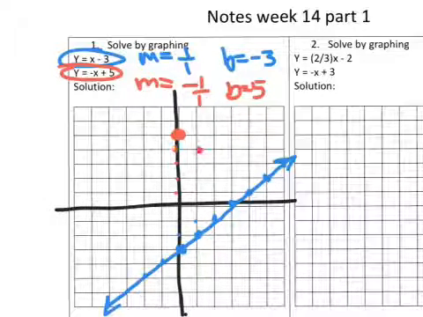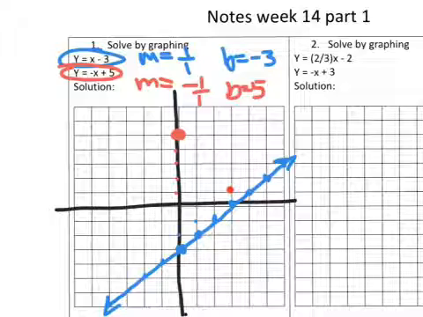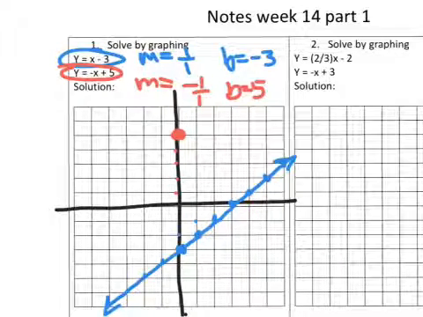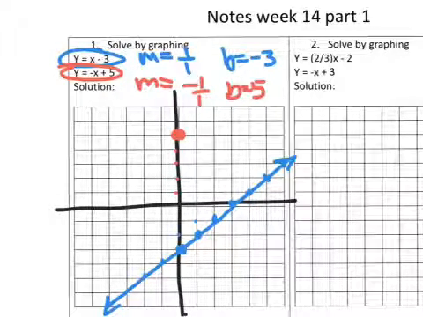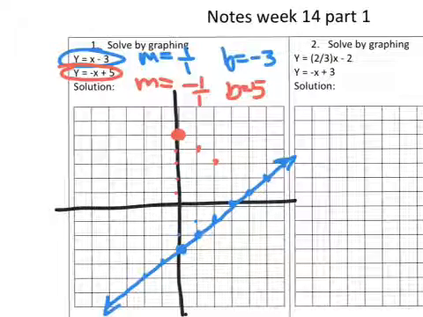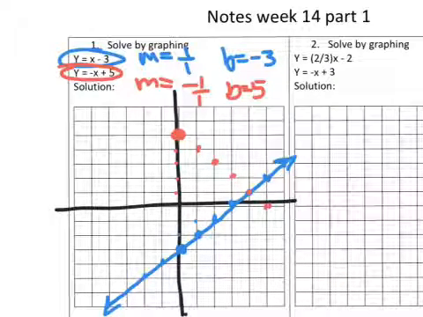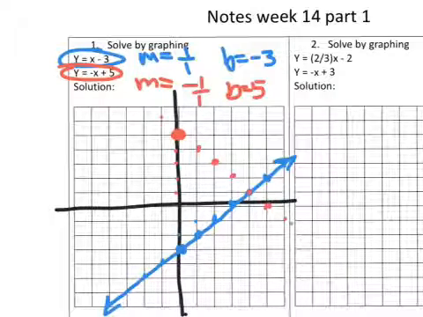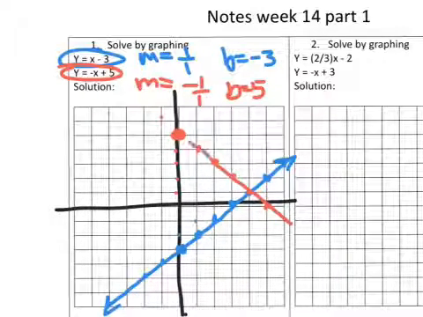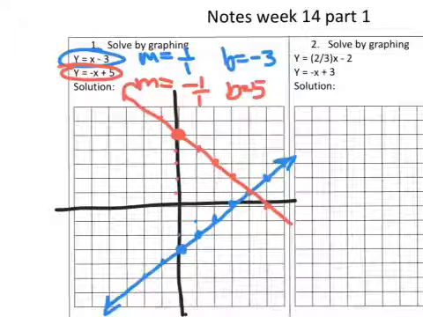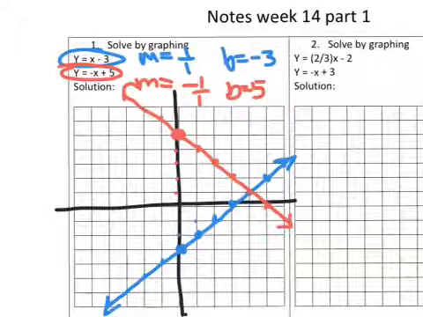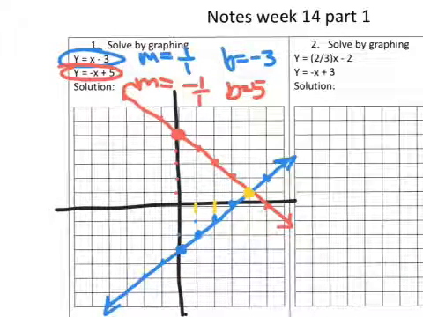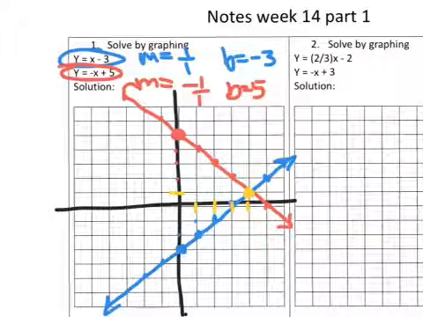Down 1, right 1, down 1, right 1, and so on. So we have all these points, and using my ruler, I can draw a nice straight line, and we're seeing that these lines cross at an exact point, and that point is (4, 1).